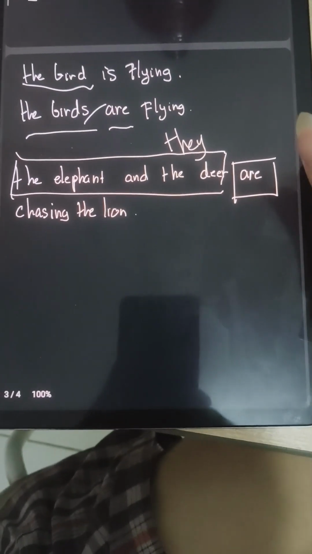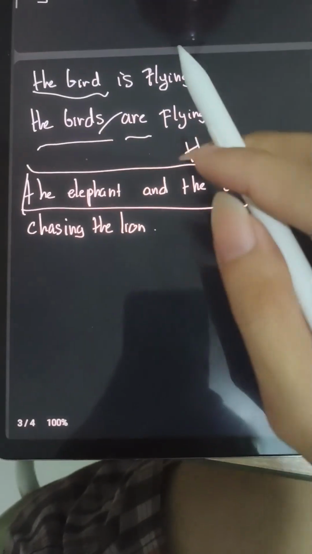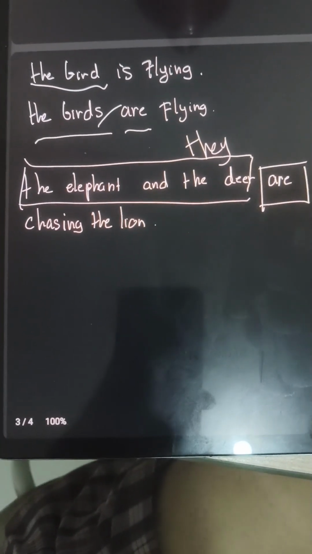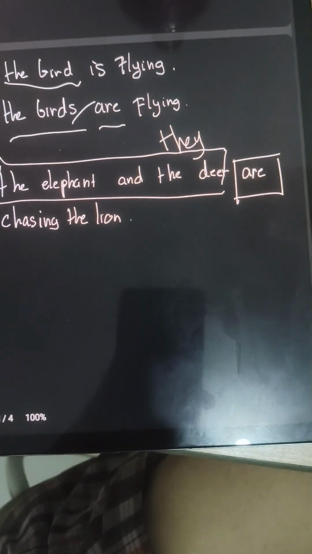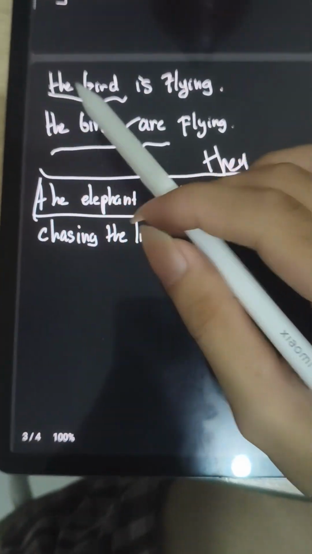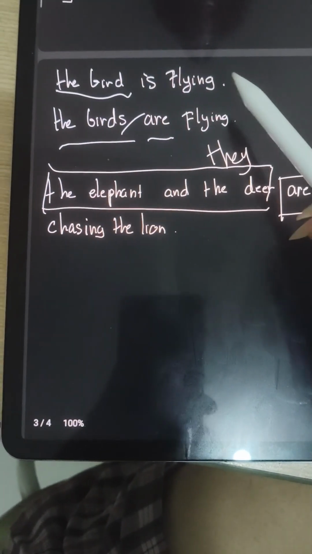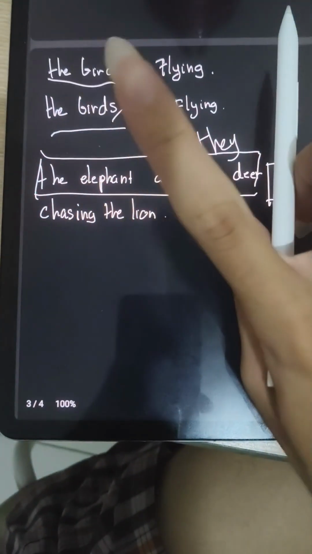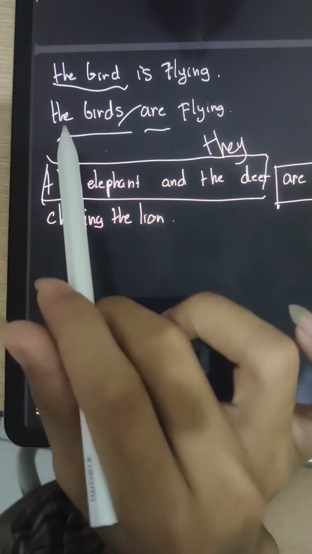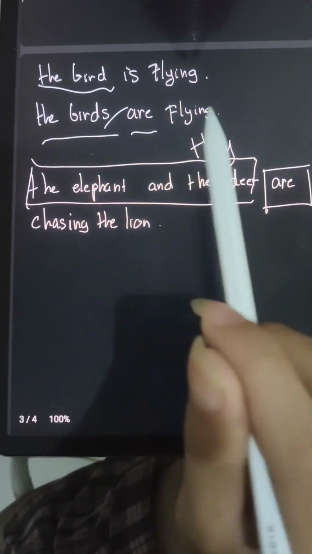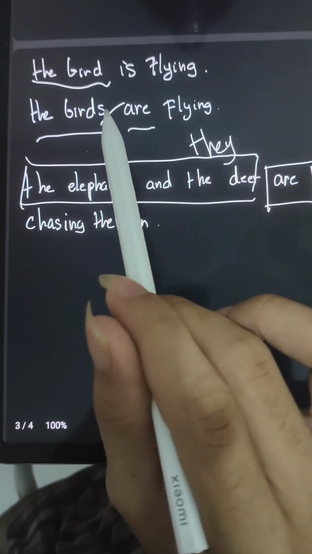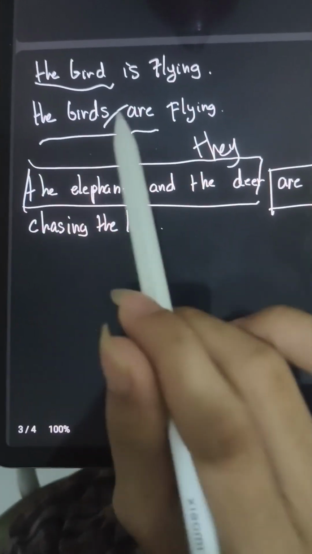Now I want to talk about it. It is anything that's not human. A subject that's not human is immediately thrown to it. The bird is flying. We're talking about one bird now. The bird is flying. This one, the birds are flying. Why do I use are? Because I have more than one bird. As there's an s here. The birds.